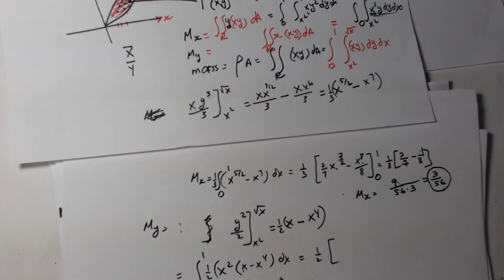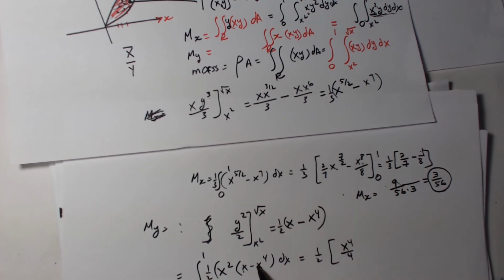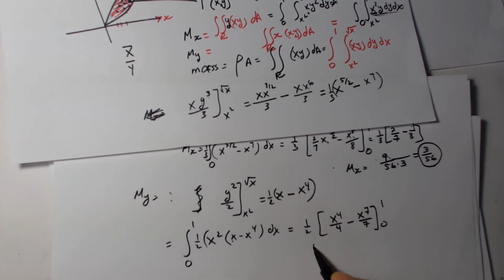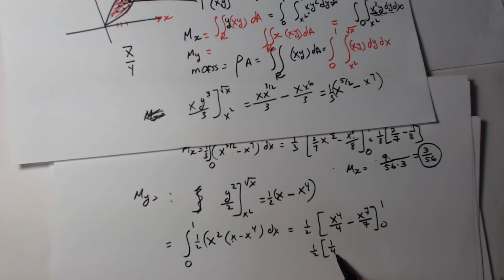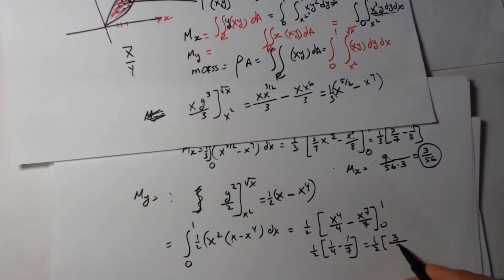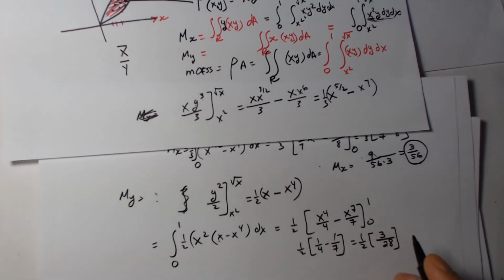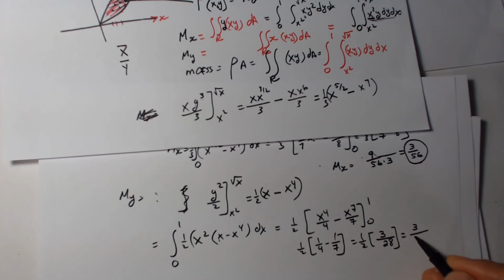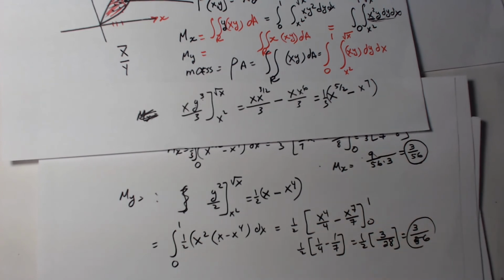That becomes x cubed, x to the power of 4 over 4, and you add the powers: 2 plus 4 is 6, so x to the power of 7 over 7, from 0 to 1. That becomes 1/2 times 1/4 minus 1 over 7, and that's 1/2 times 7 minus 4 is 3 over 28, which becomes 3 over 56. Not bad. It became the same.